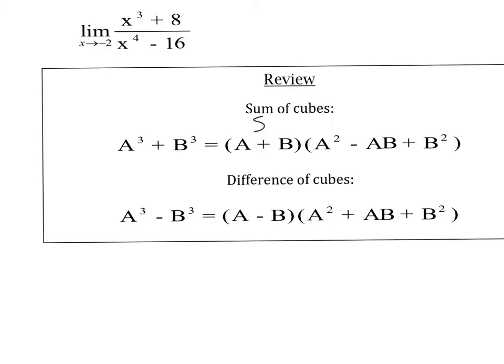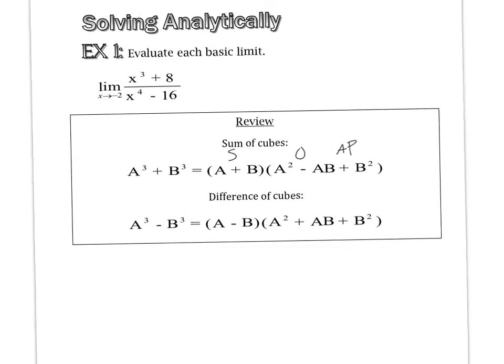And then it goes the opposite sign, and then this last one is always positive. So it would just be the first term squared minus first times the second, and then plus the last term squared. And that term is always positive, and then this is the opposite sign. So see how this is the same sign, opposite sign, always positive. So that's kind of how I remember that.